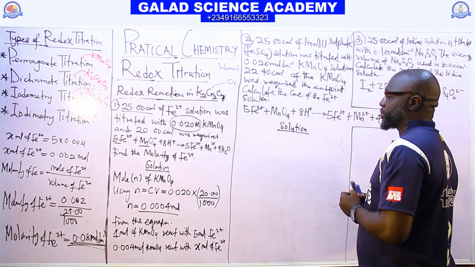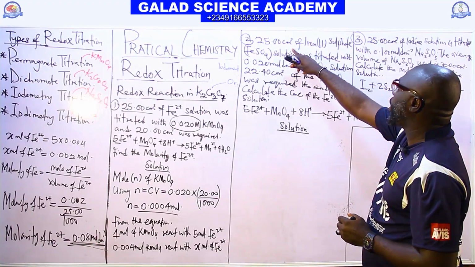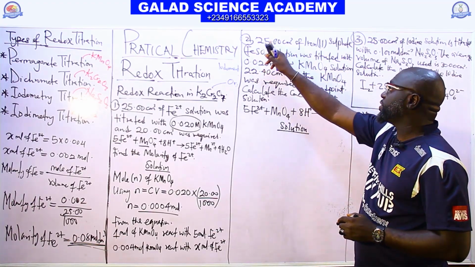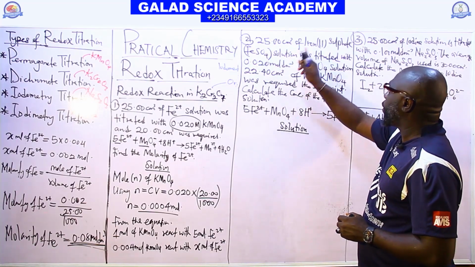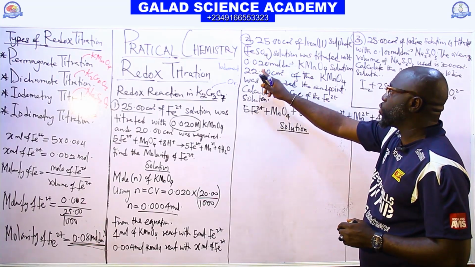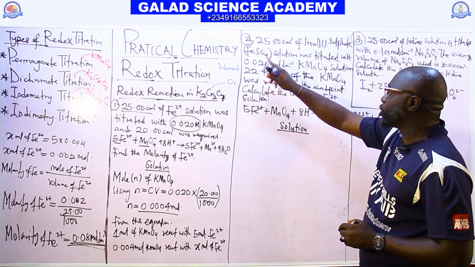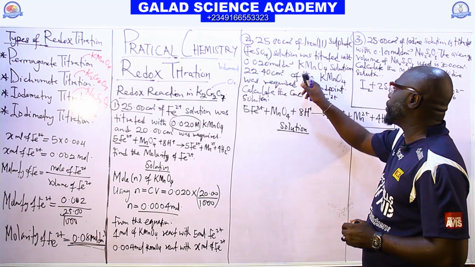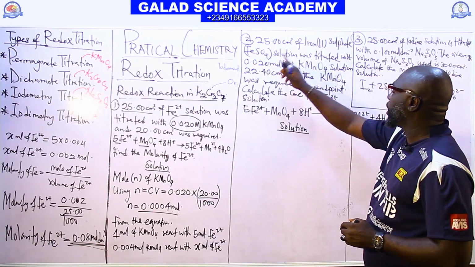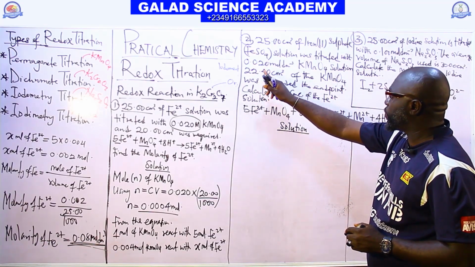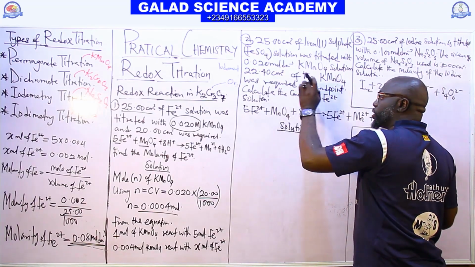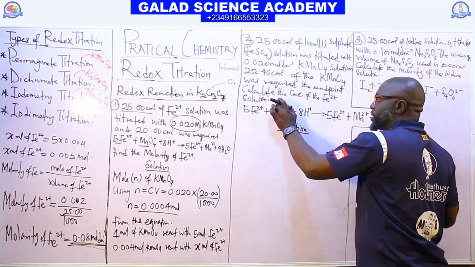By solving this now, solution, we are given the volume of iron sulfate, which is 25 centimeter cube of iron sulfate solution titrated with 0.020 mole per dm cube of KMnO4 solution. 22.40 cm cube of the KMnO4 was required at the end point.